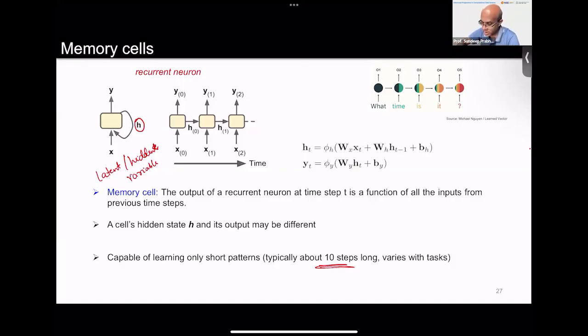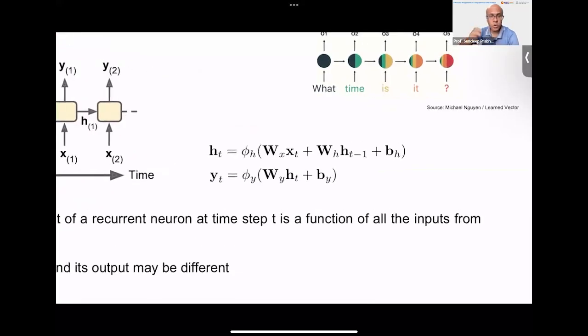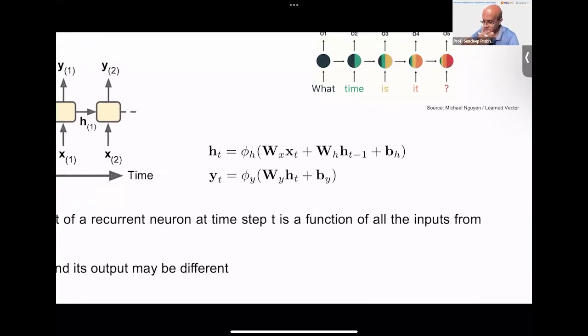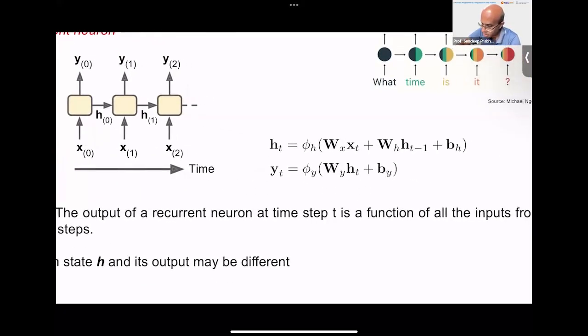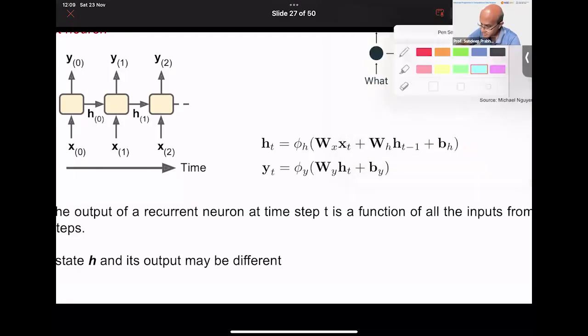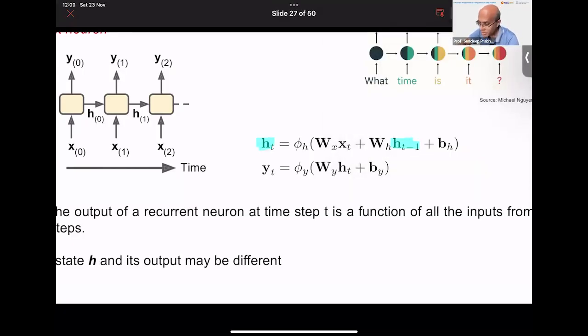That is the more general form. What remains as before is that we have some hidden state that we maintain throughout, except that we have another variable to denote the output. That is a slight change compared to what we had before.